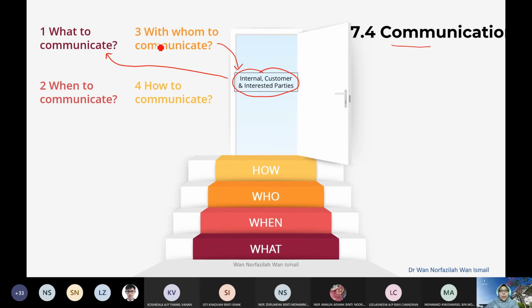So you need to consider with whom to communicate. Results company A, communicate dengan company A. Okay, result company B, communicate dengan company B sahaja. And how to communicate? Okay, by email, by post, call, video call. Okay, so need to consider these 4 things. Okay, how, who, when and what.